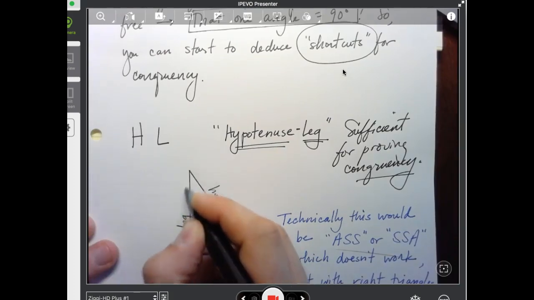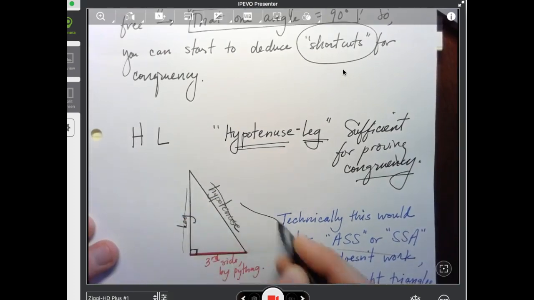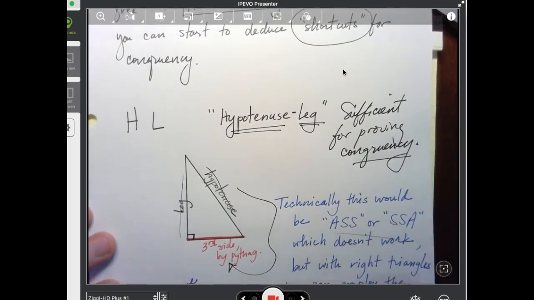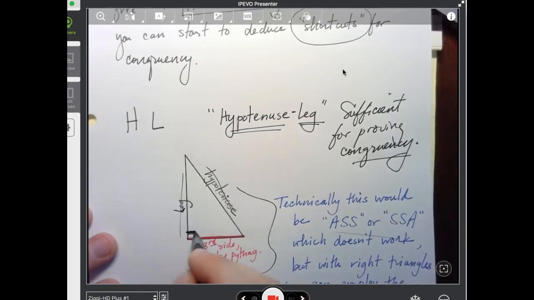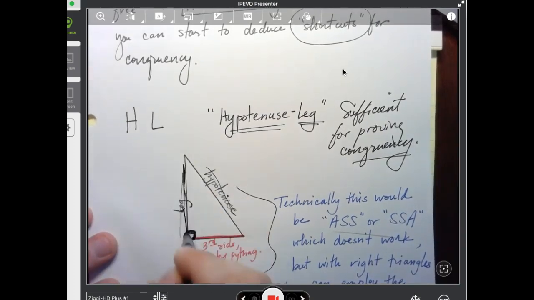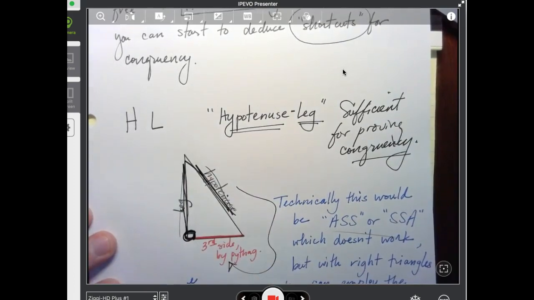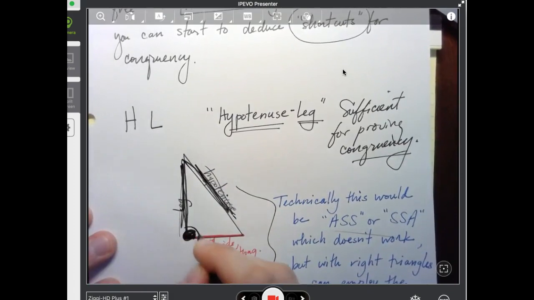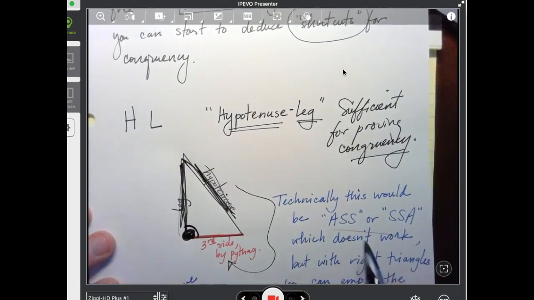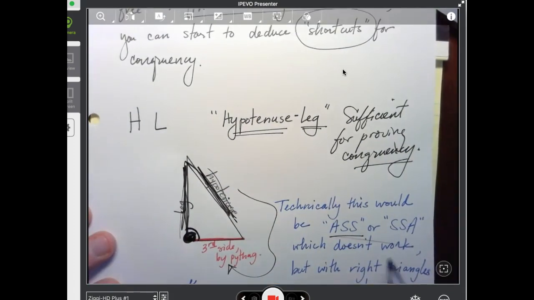Okay, so if we have a right triangle here and we have hypotenuse and leg, then we already know two of the sides, so we can find the third side by the Pythagorean theorem. So this would be given, right? This right angle is given. It's a right triangle. So technically we have ASS, which doesn't work.